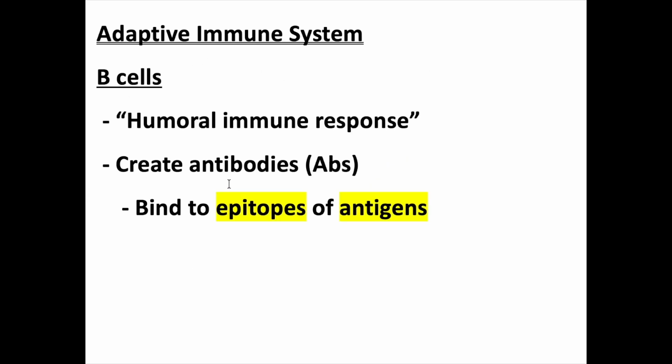So B cells create antibodies. The job of antibodies is to bind to epitopes of antigens. Okay, so an antigen is defined in the key terms as a substance (protein, carbohydrate, etc.) that an antibody binds to.